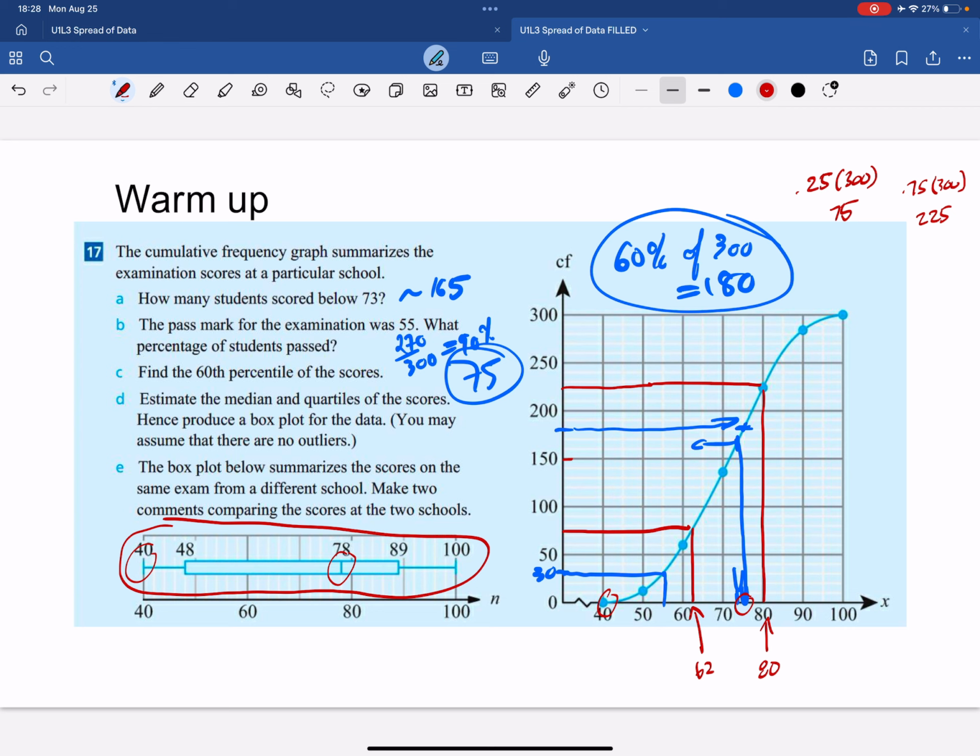No, our median would be a little bit lower. It's like 72. So we could say they have the same max and min, and the median is higher. And that was a 78 for a different school.